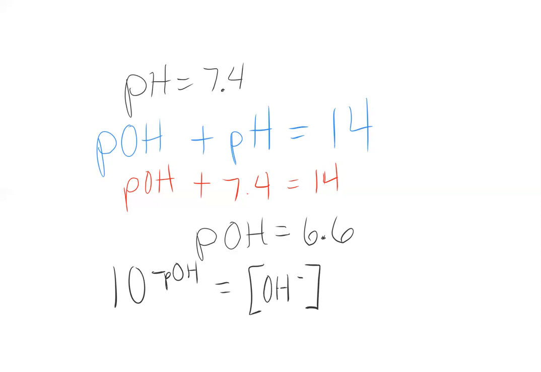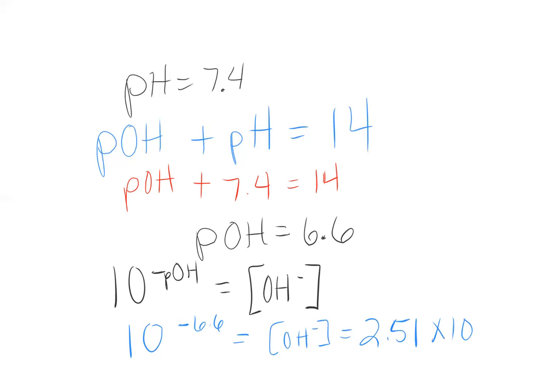So we're going to plug our numbers in. 10 to the negative 6.6 is equal to the hydroxide concentration, which is equal to 2.51 times 10 to the negative 7. Once again, I just typed that straight in the calculator, hit 10, raise it to the power of negative 6.6. I get a value of 2.51 times 10 to the negative 7. And that would be molarity, left that off there, for our concentration for hydroxide in this example.